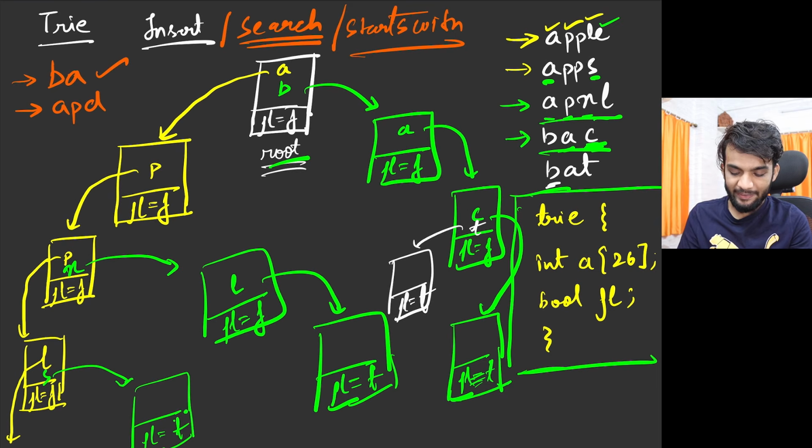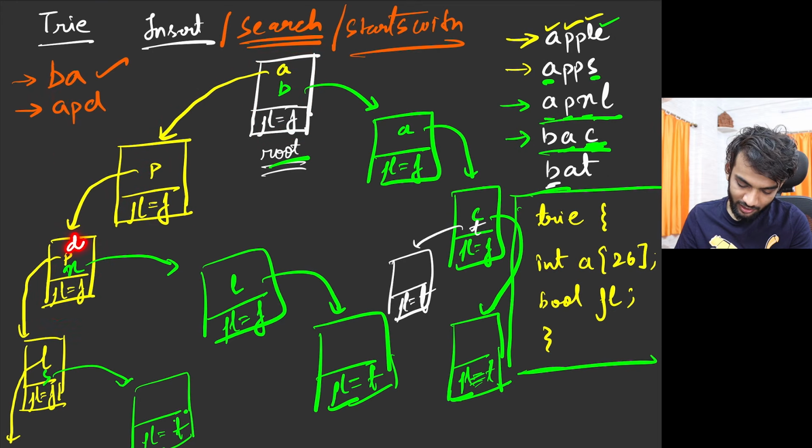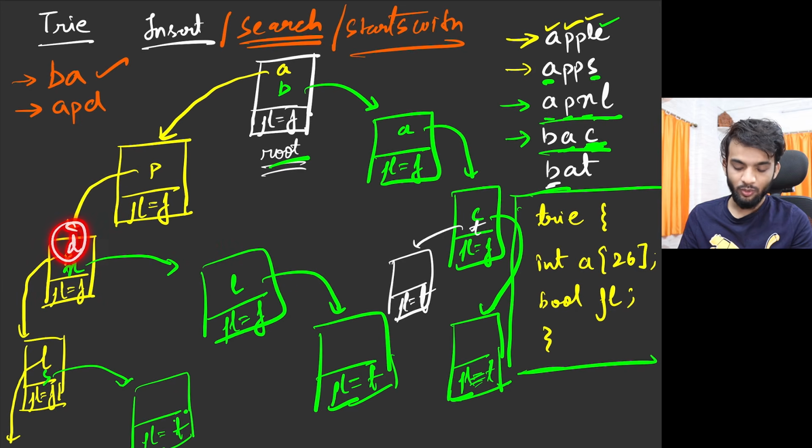Let's check out for APD. A, yes. This is the reference. P, reference. D. Does there exist a D? I don't see a D over here. Do I? No. Thereby, this will be pointing to some null. So the moment you try to access D, you will get null.